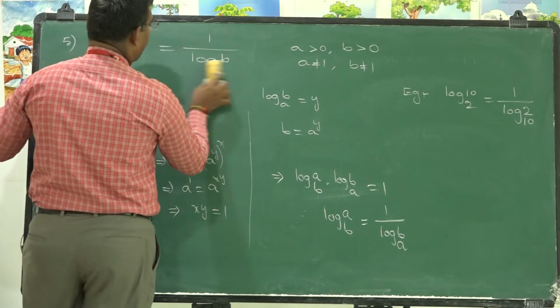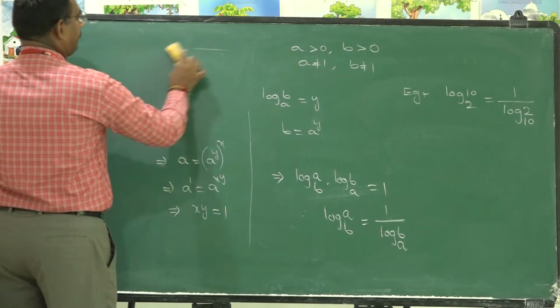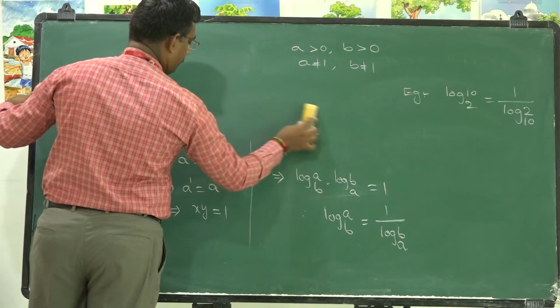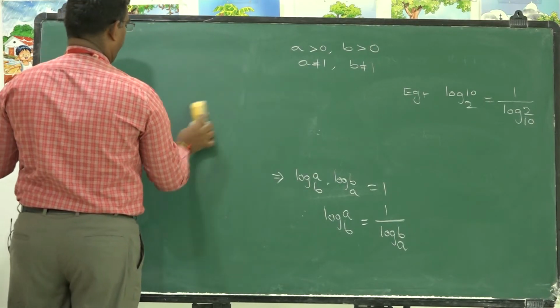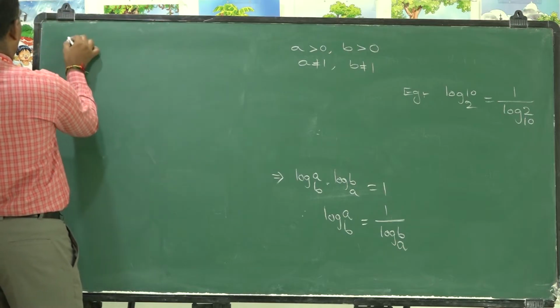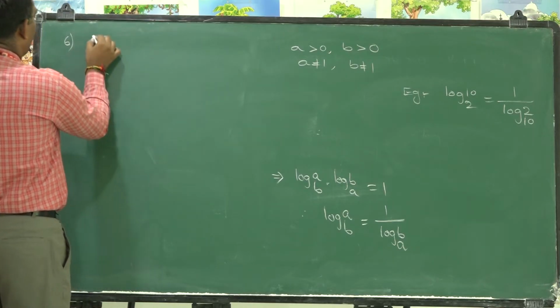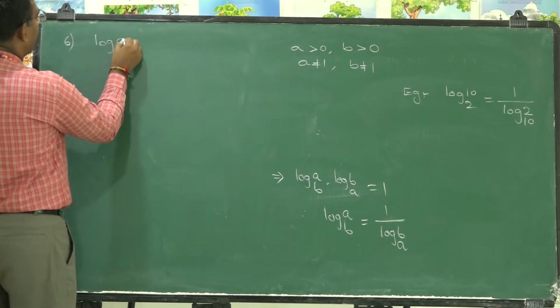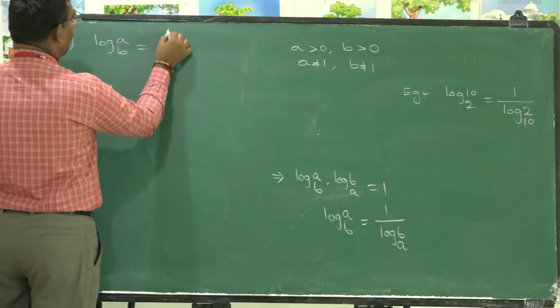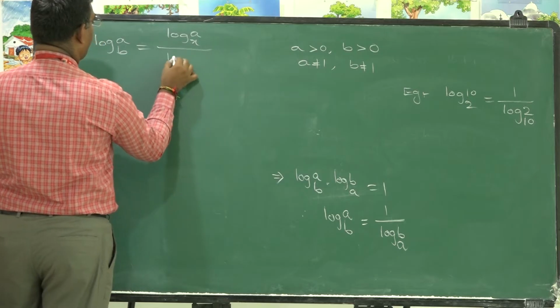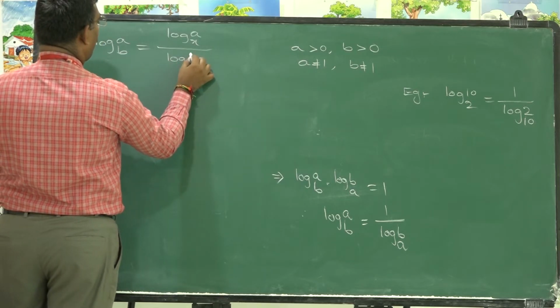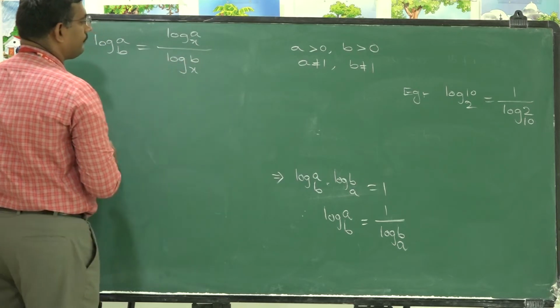Next, property number 6. Log a base b is equal to log a base x divided by log b base x.